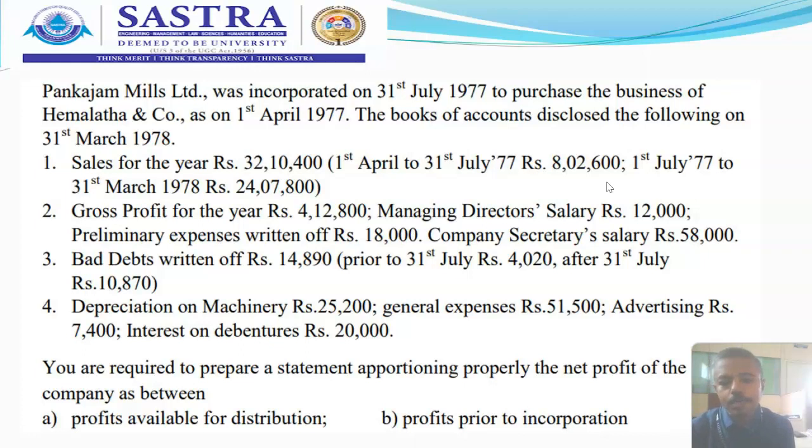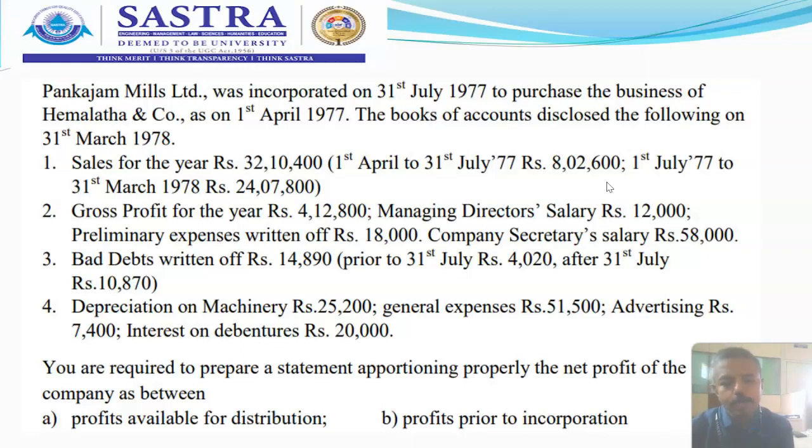Hence, the interest on debenture is paid only after the issue of debenture, that means after registration of the company. So here no apportionment, only allocation. We never use either the time ratio or sales ratio. You can directly allocate to post-incorporation period. Hence, the total amount of interest on debenture, rupees 20,000, needs to be directly allocated to post-incorporation.